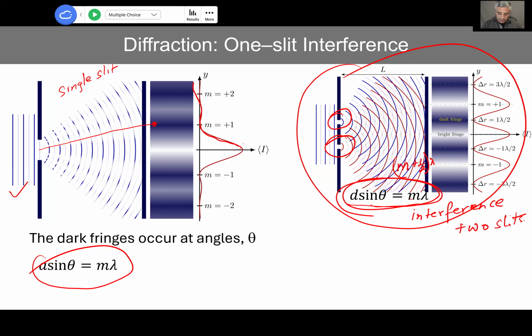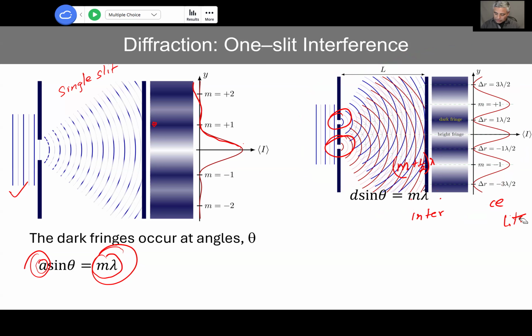Okay, now for the diffraction, we are writing for the dark fringes that it happens at m times lambda. But here you see there is this a, which is just the opening of one slit. So that changed here. So the right-hand side changed, the left-hand side also changed.